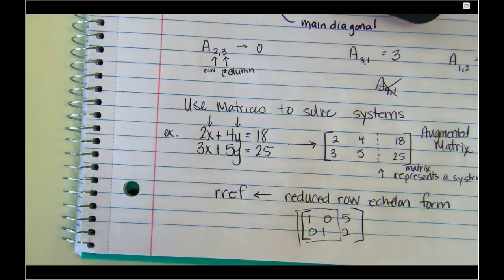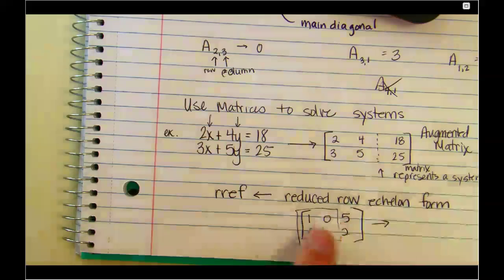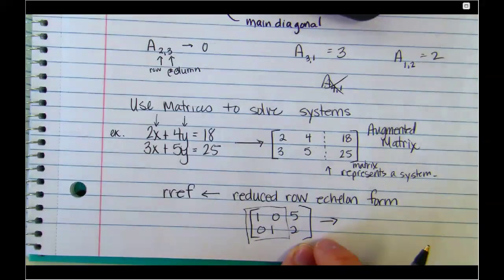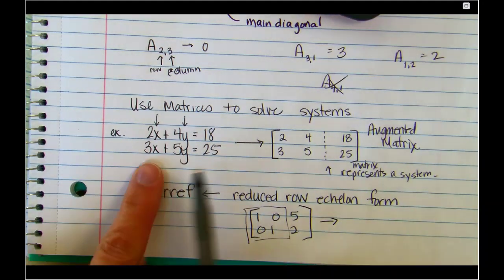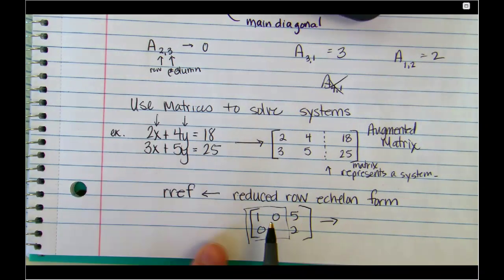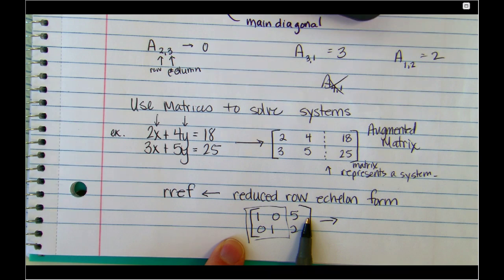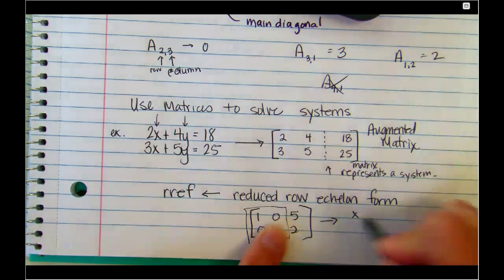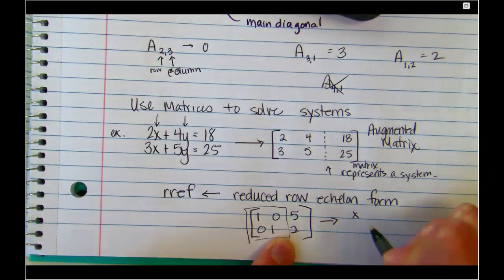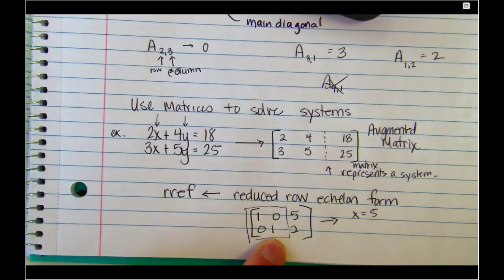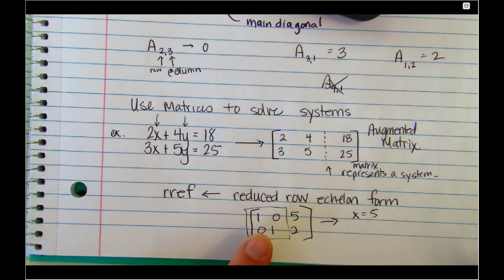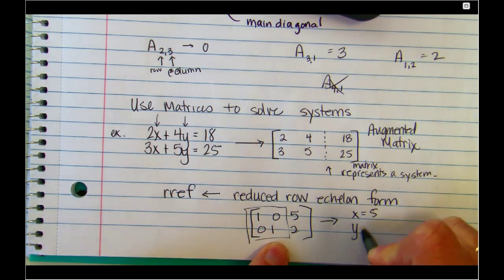Now you're like, why do I care? Because this gives you the answer. Okay, so if we put this, our answer matrix, back into a system of equations, we started here and made this matrix. So now we're going to go backwards. What's this system? It's 1x plus 0y equals 5, and 0x plus 1y is equal to 2.